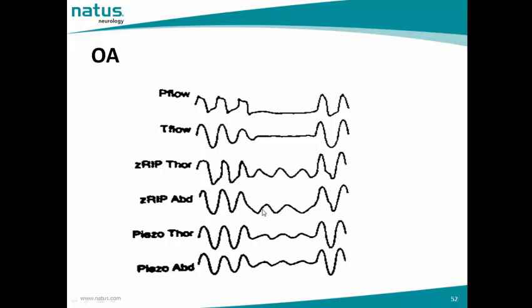There is a delay or asynchronization. If we look at the piezothorax and piezoabdomen, we can see that there is no evidence of paradoxical breathing here. That happened due to the fact that the belt was stretched, and this caused the polarity to be inverted.